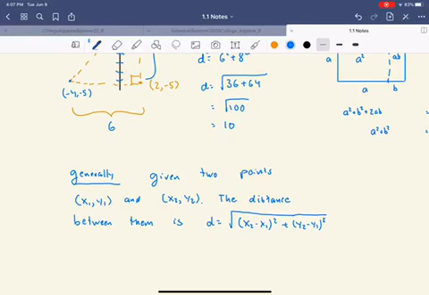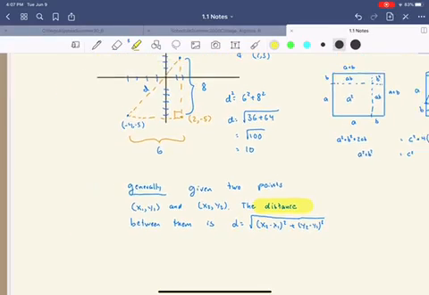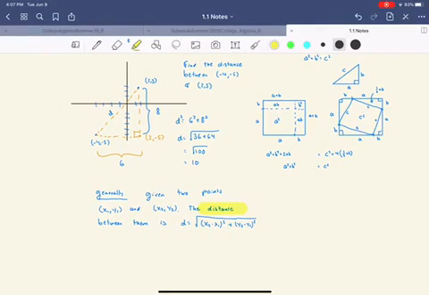Okay. Now, that's the formula, but oftentimes I'm going to treat it as just the Pythagorean theorem, as I did up here.